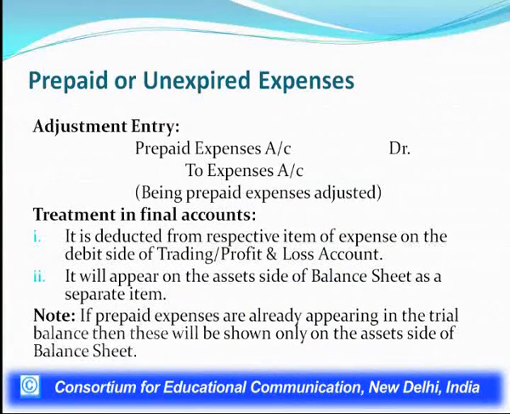Now, how to pass the journal entry. The adjustment entry for prepaid expense will be: prepaid expense account debit to expense account. For example, for insurance premium, we shall pass the entry: prepaid insurance premium account debit to insurance premium account.